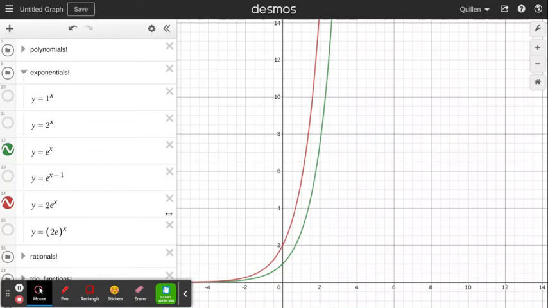But what you will find is that at every single point, the red line is twice the green line. And that makes sense. If you double something, then it is going to be doubled unless you do something to that 2 that's doubling it.